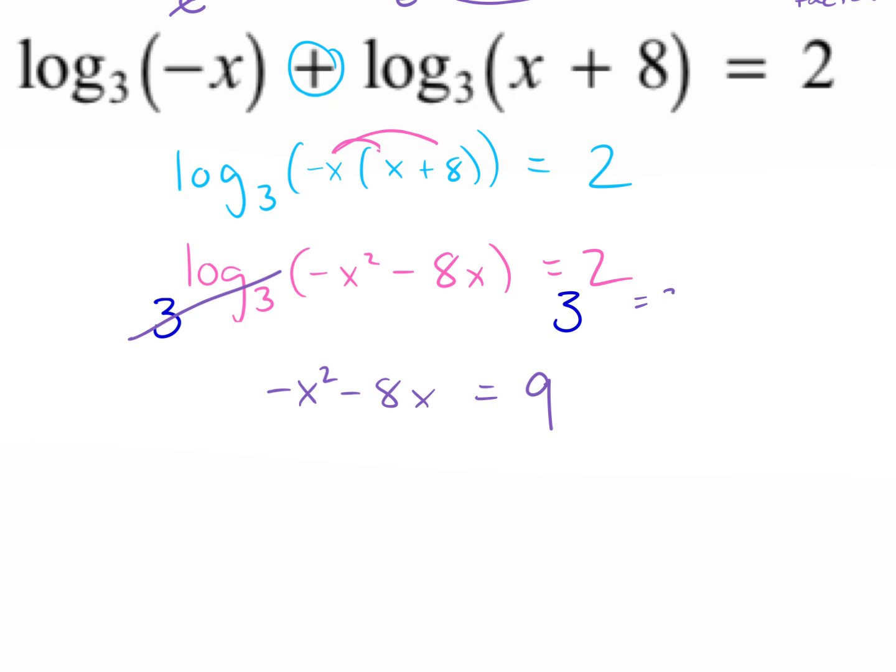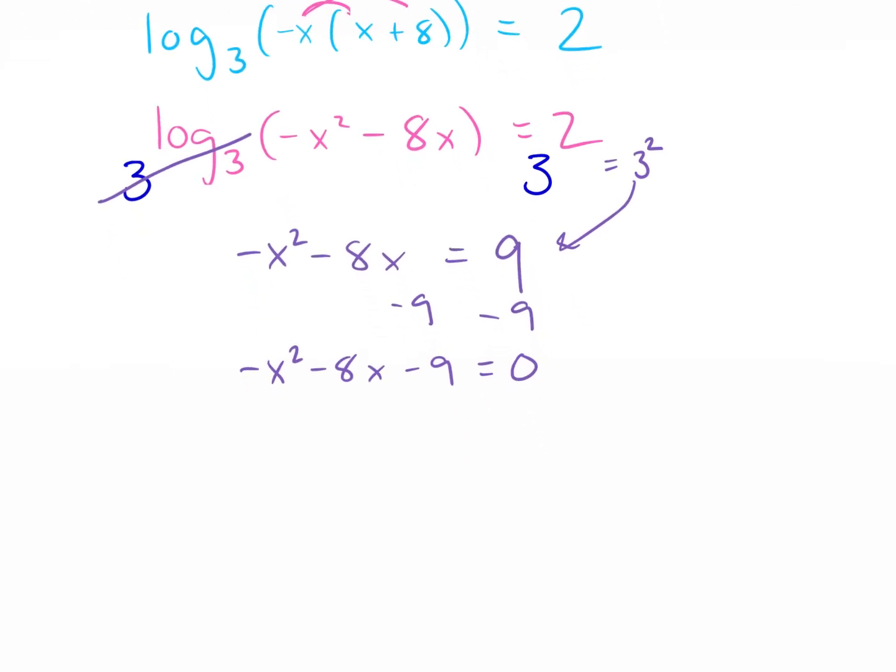So be careful, this is 3 squared, not multiplication here. That 2 became an exponent. 3 is the big base, so we get 9. What can I do next? Move the 9 to the other side because we know we have an x squared and an x, so we're going to have to factor.